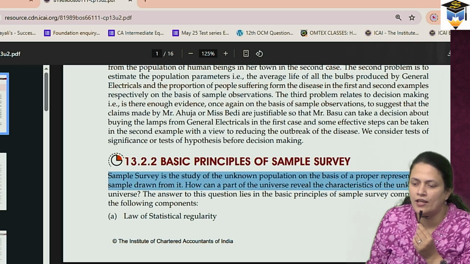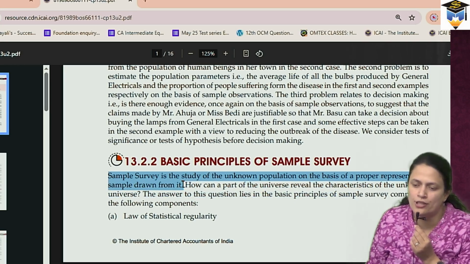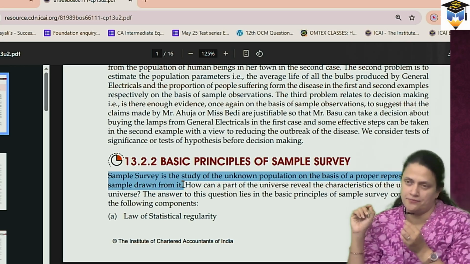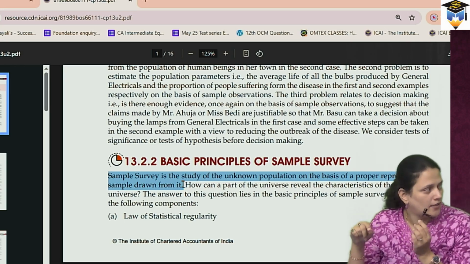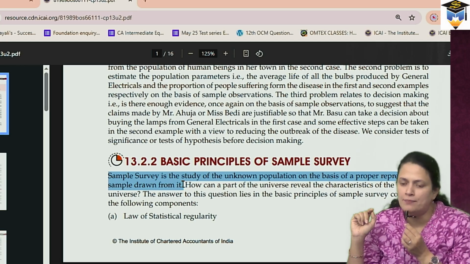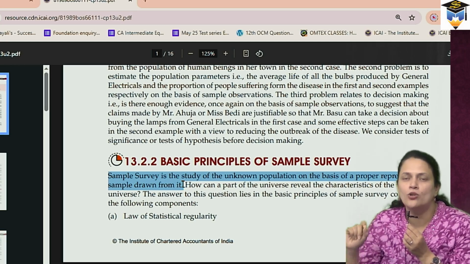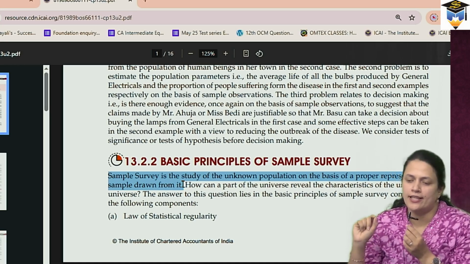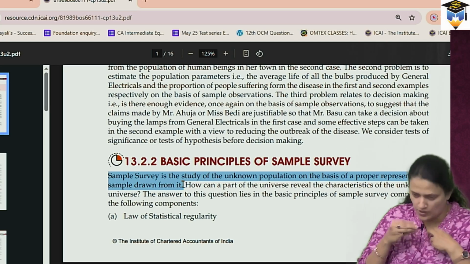Sample survey is the study of an unknown population on the basis of a proper representative sample which is drawn from it. I have marked whatever you have to write down.